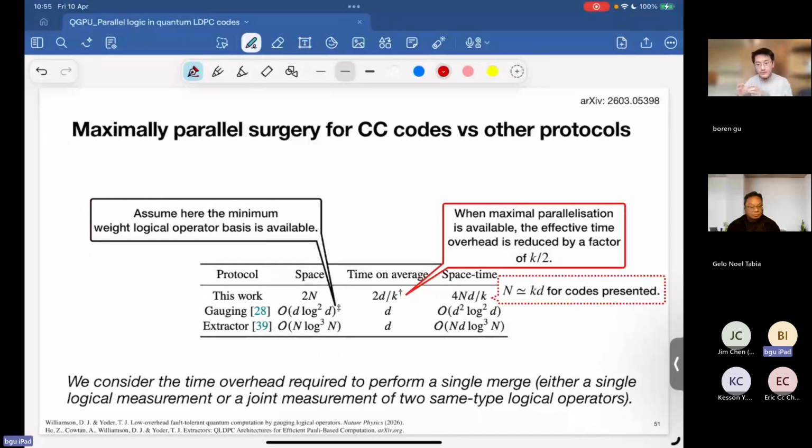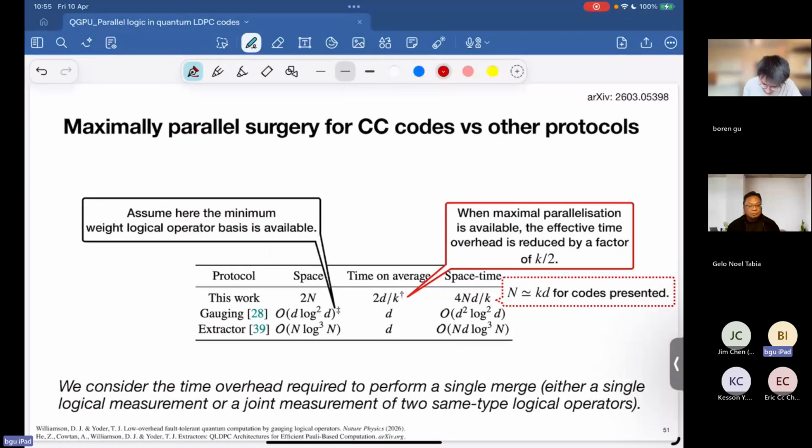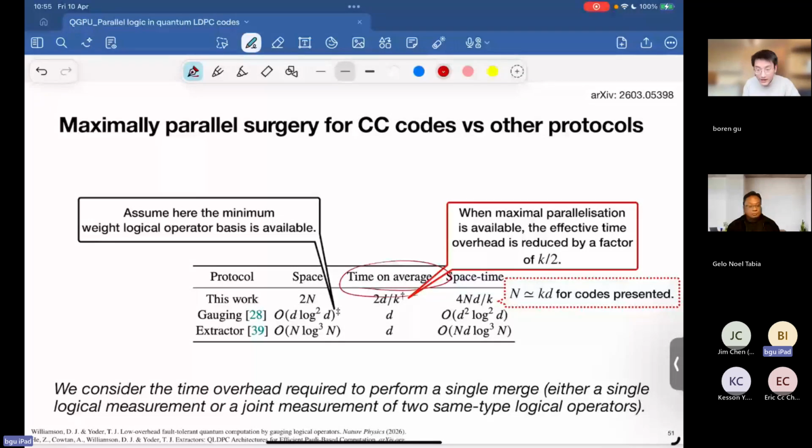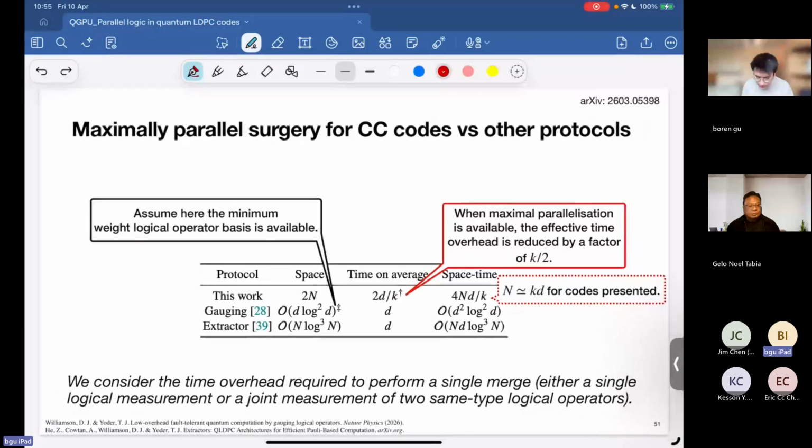So when the maximum parallelism is available, we are always able to reduce the time overhead by a factor of k over 2, because we are able to perform k over 2 logical measurements.